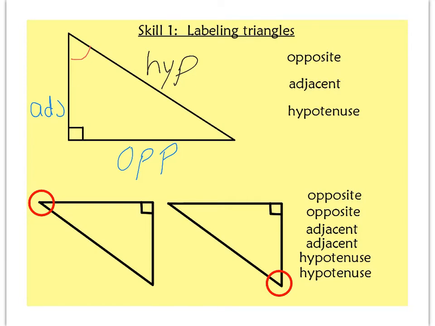So if I'm looking at this angle, I have over here my opposite side, again because it's across the triangle from it, not touching that angle. That makes this side the adjacent side. And this one is still the hypotenuse. That never moves.